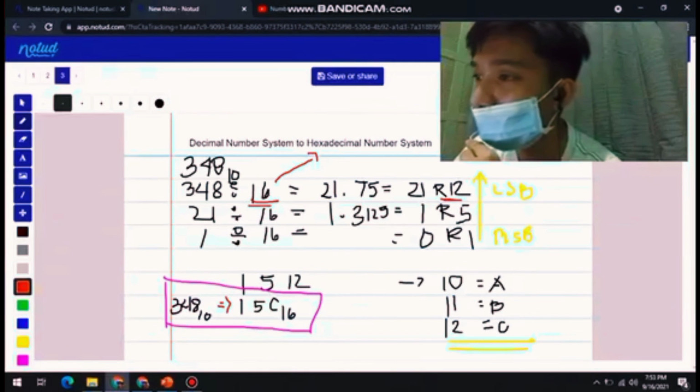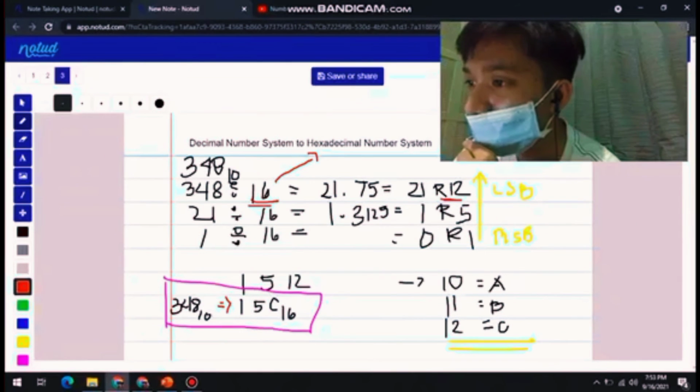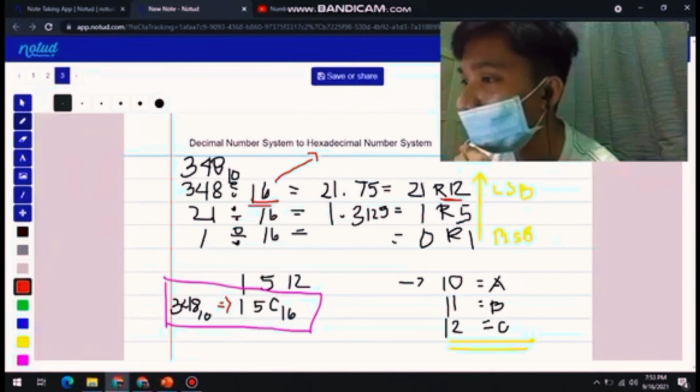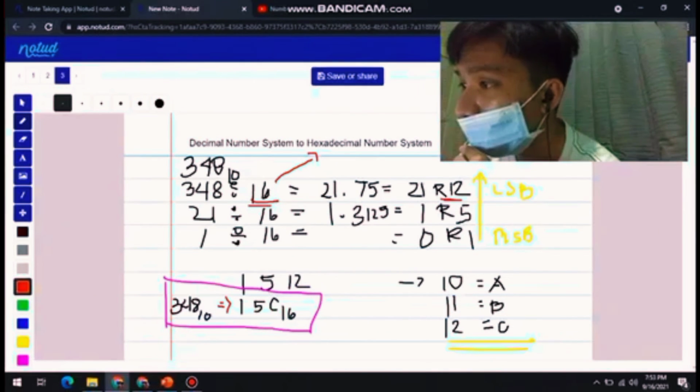So then let's continue to divide and to get the answer. 21 divided by 16 is 1.3125. It is 1 with a remainder of 5.